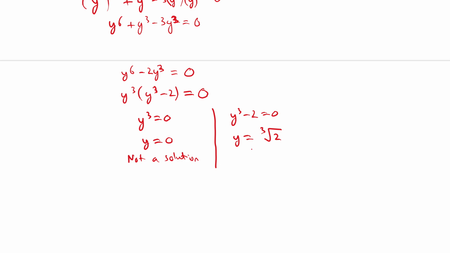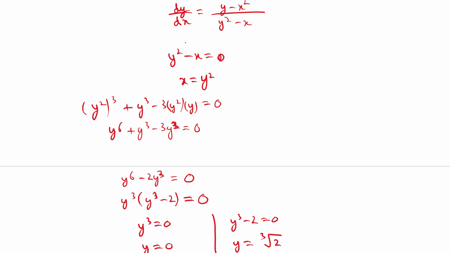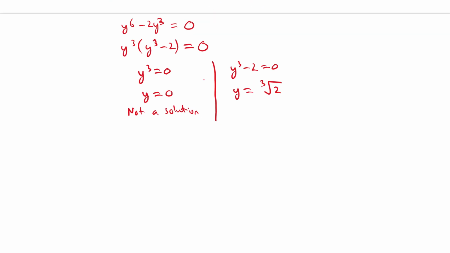Now to find the x coordinate of point P, we can substitute the cube root of 2 for y in this relationship that we found. So we have x is equal to the cube root of 2 squared. So I can write this as a rational power as 2 raised to the power of 2 upon 3.